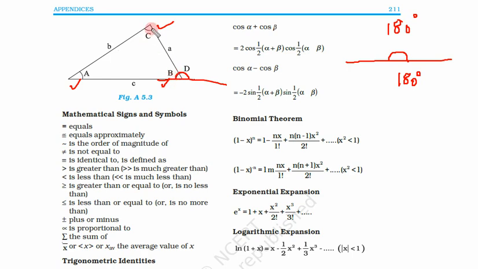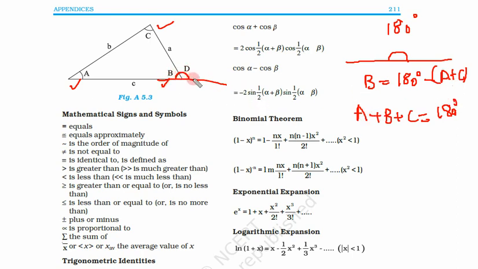So if I remove angles A and C from 180, that means 180 minus (A plus C) is equal to angle B, because A plus B plus C is equal to 180 degrees. To calculate B, just take A and C to the other side.